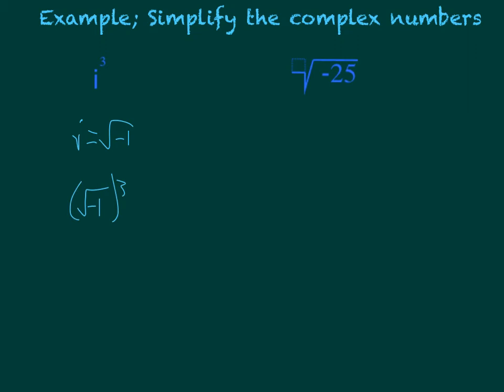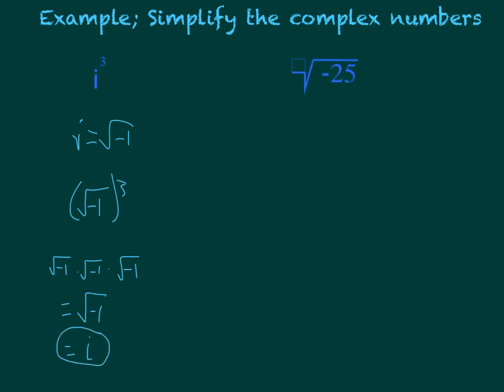So that's going to give me the square root of negative 1 times the square root of negative 1 times the square root of negative 1, which is going to give me the square root of negative 1, because negative 1 times negative 1 times negative 1 is negative 1. So that means we simplify it to simply i.